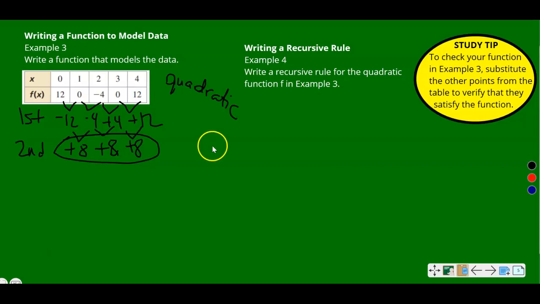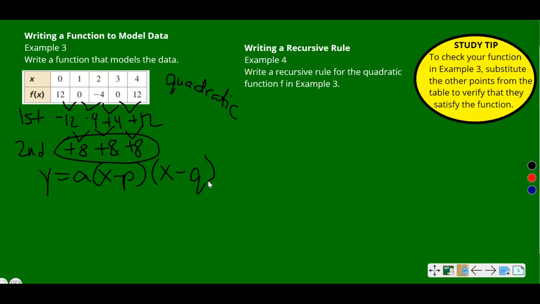So if we do factored form, or better known as intercept form with this curriculum, we can write an equation using that form. So we're going to start by writing down the general formula. So y equals a times x minus p times x minus q. And I call this factored form because it looks like factors, but again, they call it intercept form.